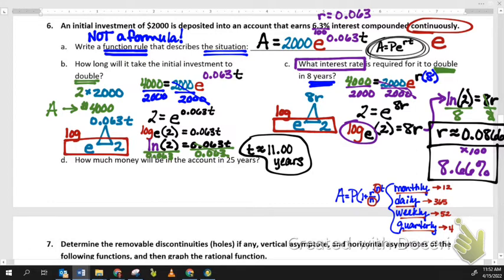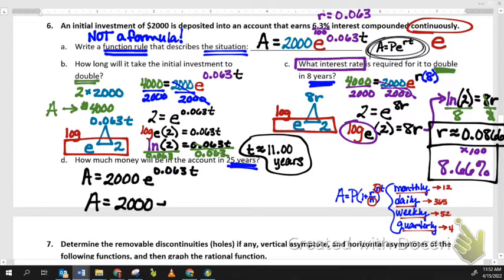For part D, we're back to our original function rule, and I want to know how much money would be in the account in 25 years. Where would I put that 25? In for T. So into my calculator, I would put 2,000 times e to the power of 0.063 times 25.